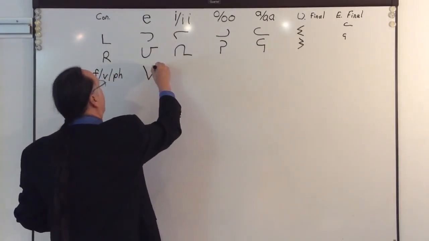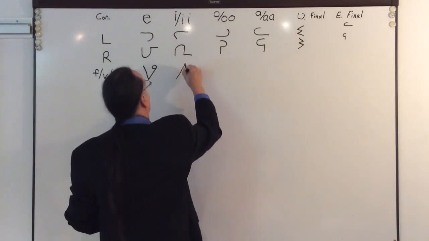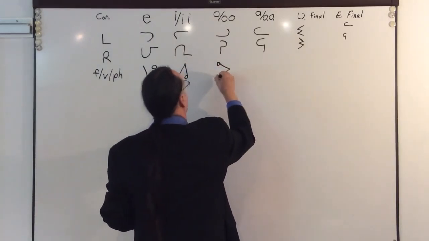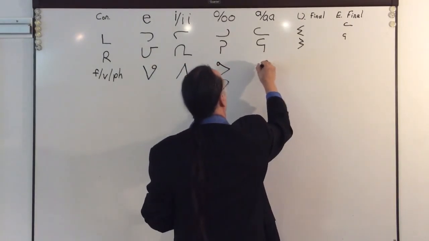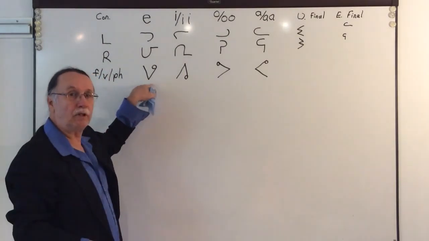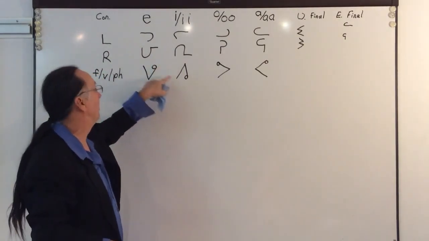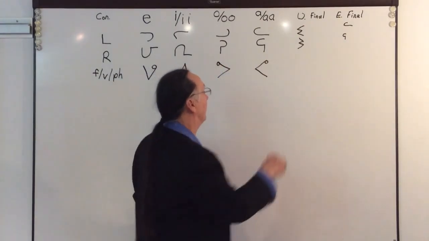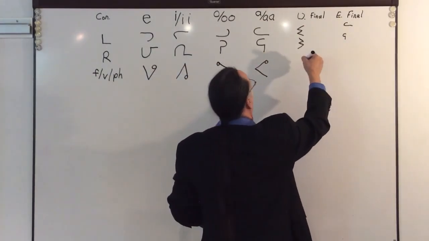So we have fe, fi, fo, fa. And that's just like a B or P with a little loop attached to one part of it.